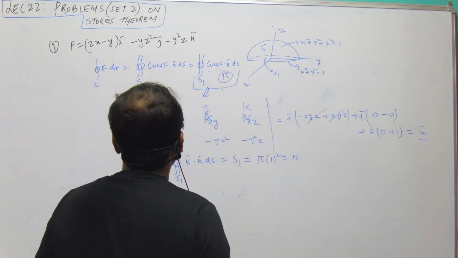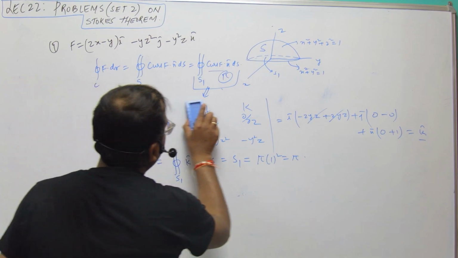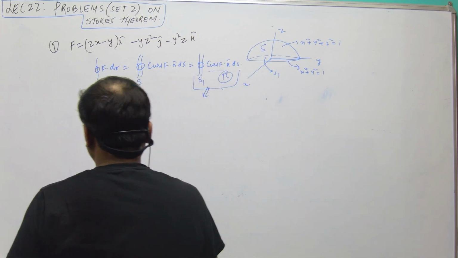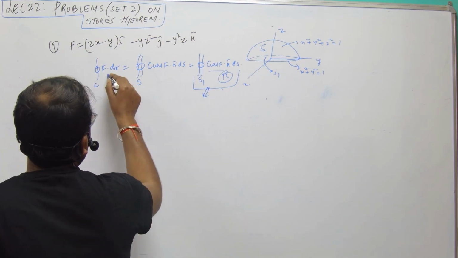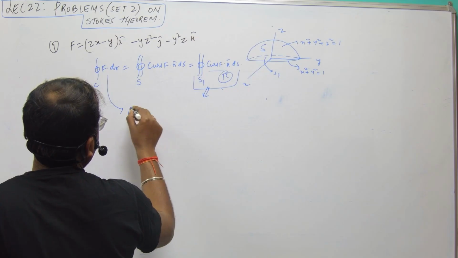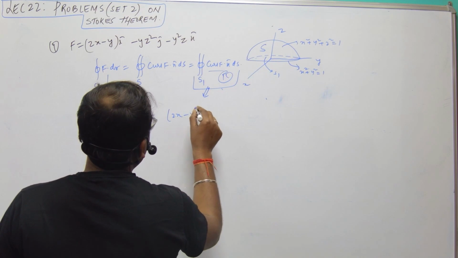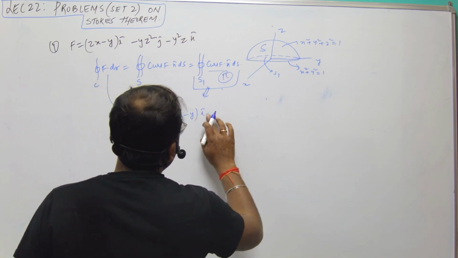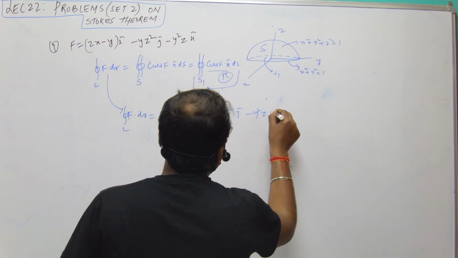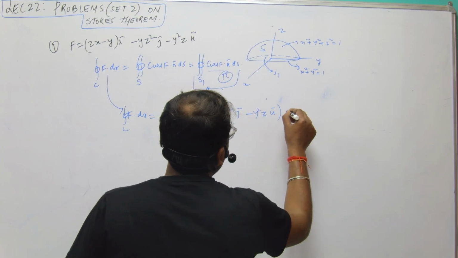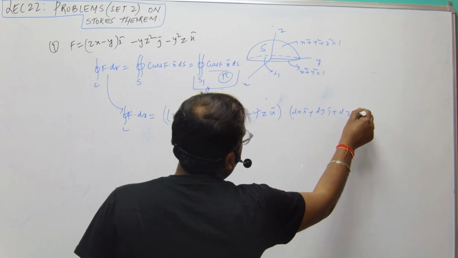Now let us find the value of f dot dr along the curve C. So f dot dr along the curve C is equal to 2x minus y i cap, minus yz square j cap, minus y square z k cap, dot dr, which is dx i cap plus dy j cap plus dz k cap.